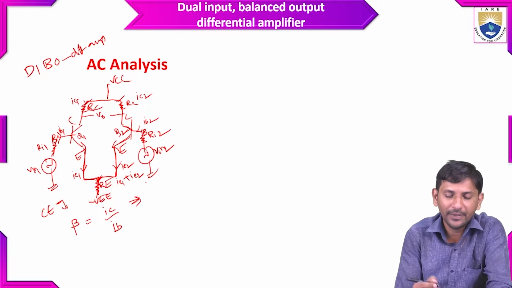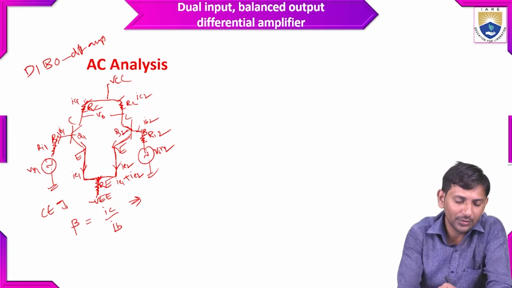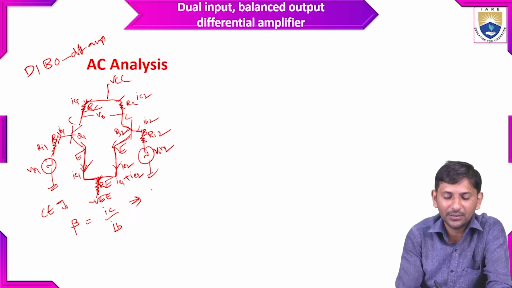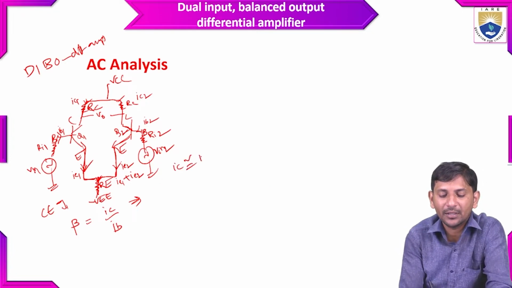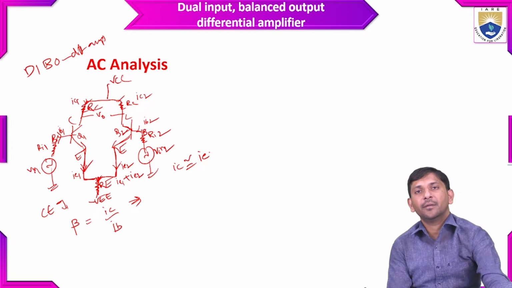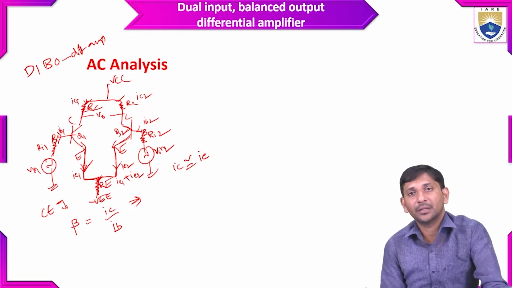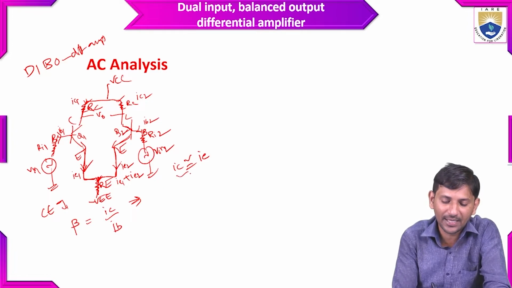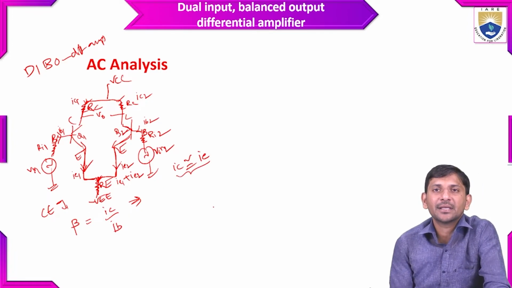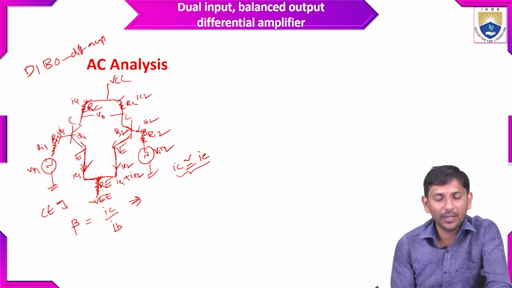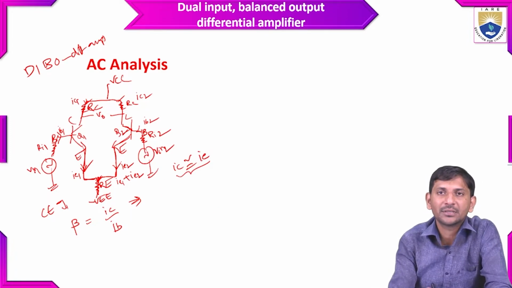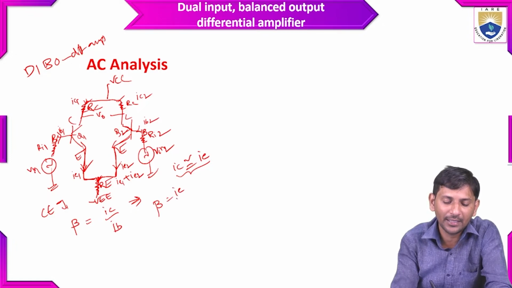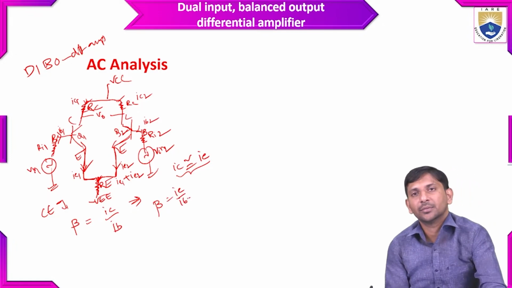By this we can see that the output current is almost equal to the emitter current. IC is approximately equal to IE, which we have seen in the basics of the common emitter configuration of BJT transistors. So now I can express beta equal to IE by IB also.